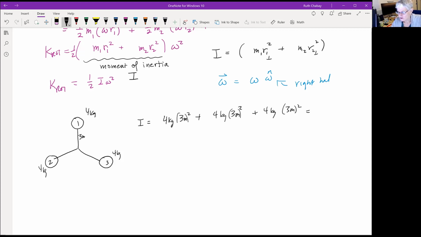What does that come out to? 4 times 108 , and the units must be kilogram meters squared, yes?